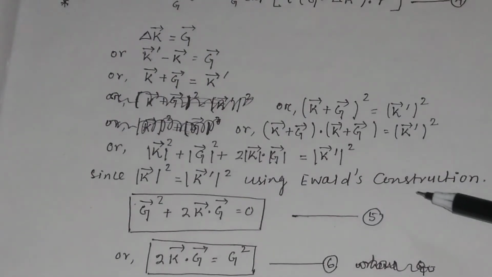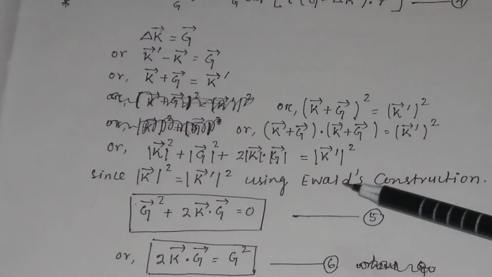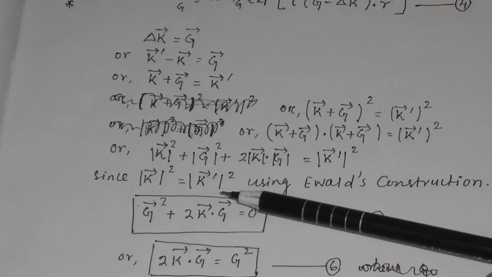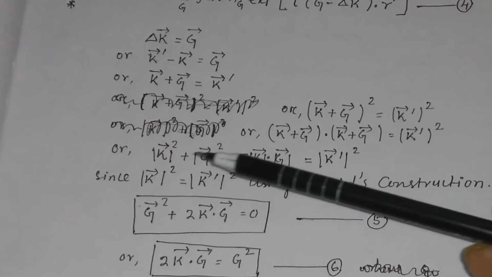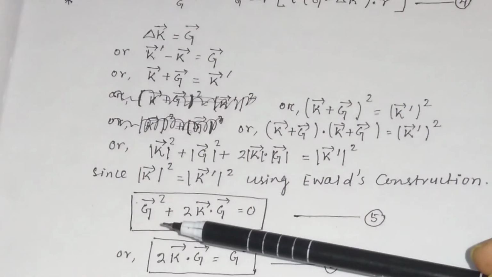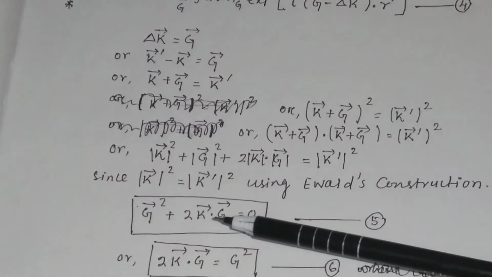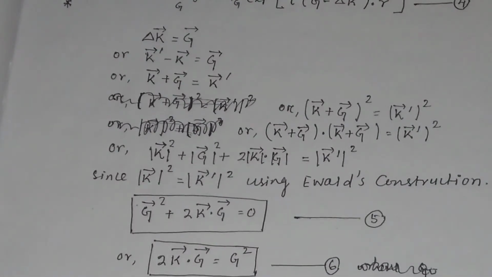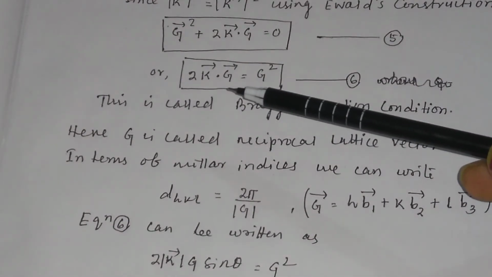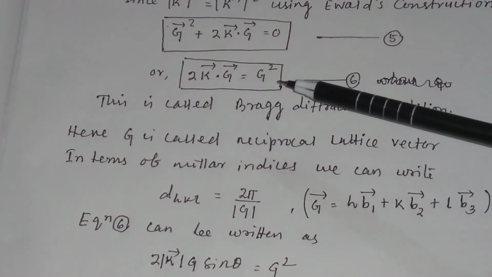And using Ewald construction, that is the spherical symmetry, we can write that k square will be equal to k dash square. So these two quantities cancel out. So you will get G square plus 2k dot G will be equal to 0. So we will get 2k dot G will be equal to G square.